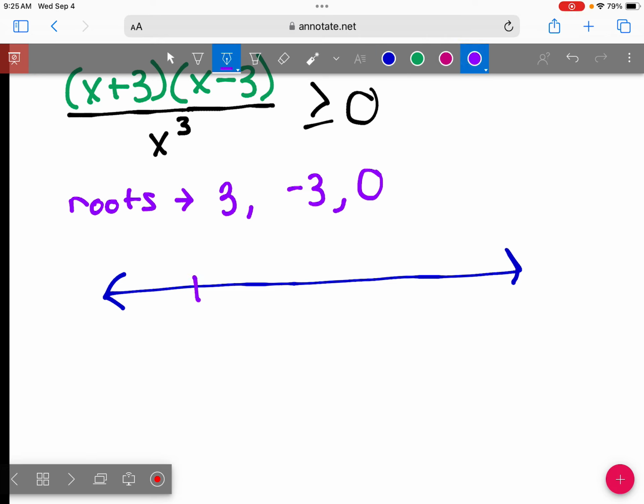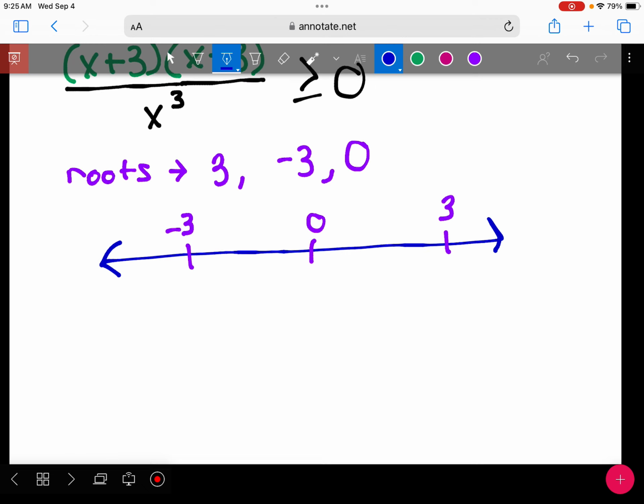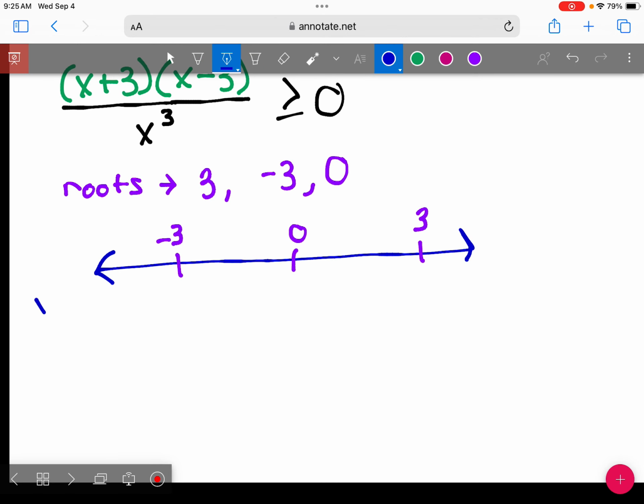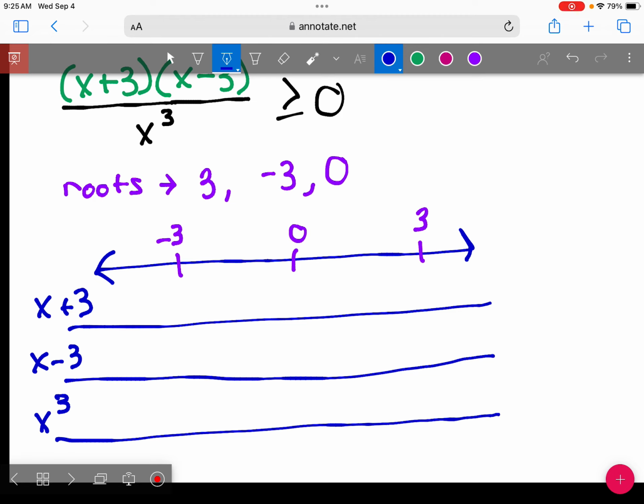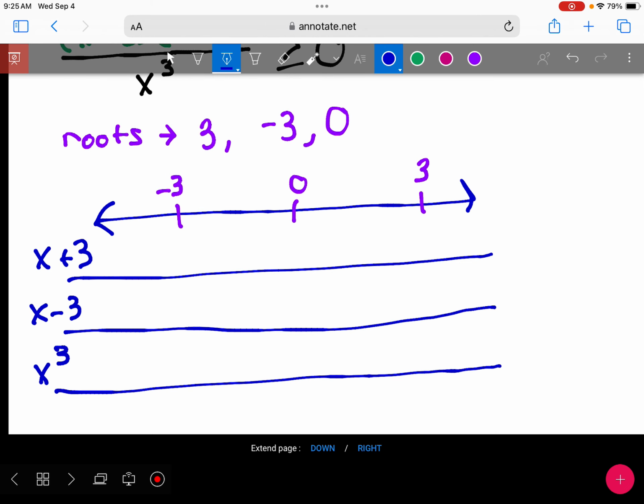I'm going to have my -3, then my 0, then my +3. For my factors, I'm going to put my x plus 3, my x minus 3, and you can do x and x and x, or you can just do our x cubed. That's the easy way to do it, is to put it as x cubed.